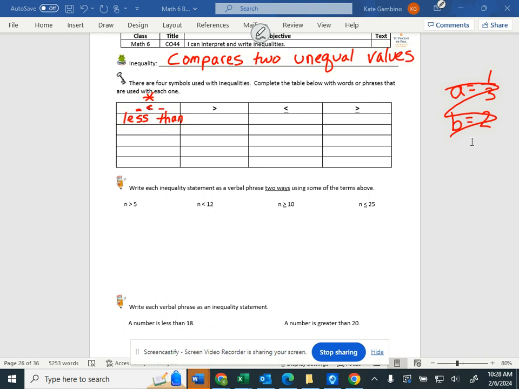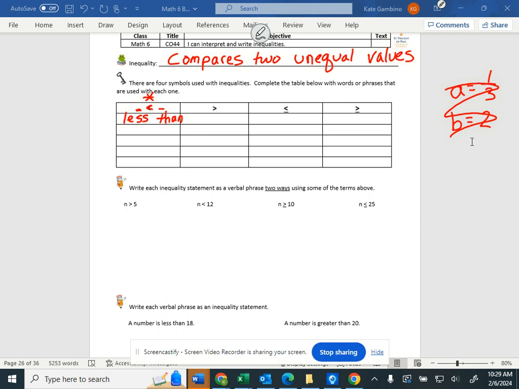So our first number is going to be less than because that's the smaller end of the arrow. Wait, so is it greater than? Is it like the open part? The open side goes to the bigger number. Yeah. So we always read from left to right. If it's pointing to that first one, it means it's the smaller number, so it's less than.